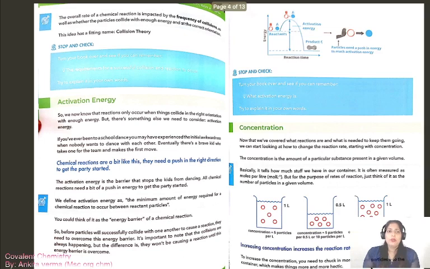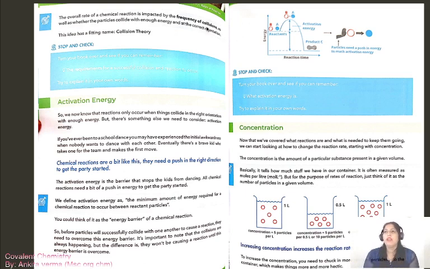So the overall rate of the reaction is impacted by the frequency of collisions, or we can say the collisions that are successful for us. The frequency of collisions means the number of collisions occurring in 1 second.